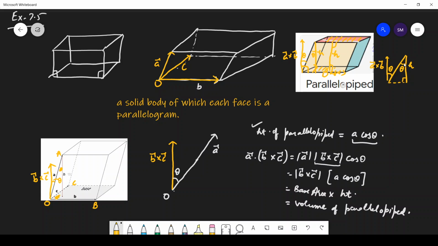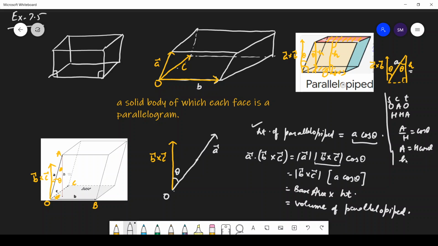So this is your height, this is your A cross B. This angle is theta, and these two are parallel lines, so alternate angles are theta. So this is now the hypotenuse, and that is your length A. So H will be equal to the adjacent side. The adjacent side upon hypotenuse is cos theta. So the adjacent side is equal to hypotenuse cos theta.